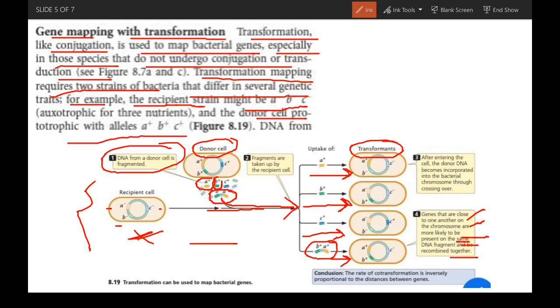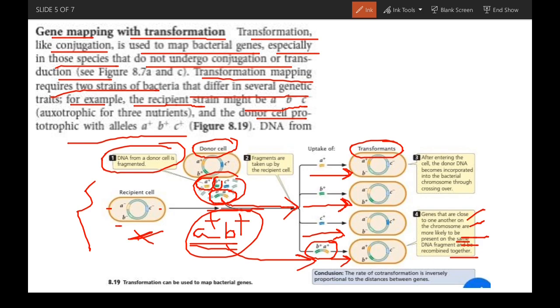If there is linkage, that is, physically two genes are very close together, A plus and B plus, then when the DNA is fragmented, they will still be together, and they will be passed to the recipient bacteria together, and a co-transformant will occur. So by this type of co-transformant production, we can tell which genes are lying close by, and which genes are away from each other, right?